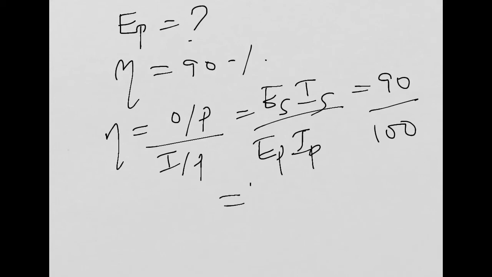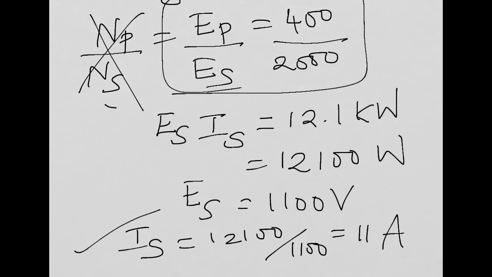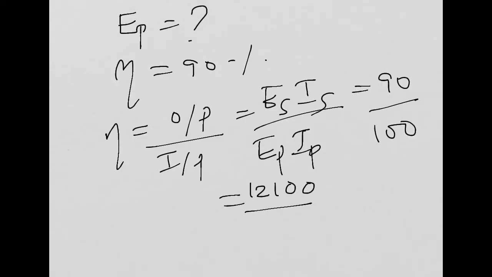Output power we also know, so I'm going to write directly 12,100 divided by EPIP. So do I know EP or IP? No, I don't know EP or IP, but I know EP by ES as a ratio. I don't know the other things.